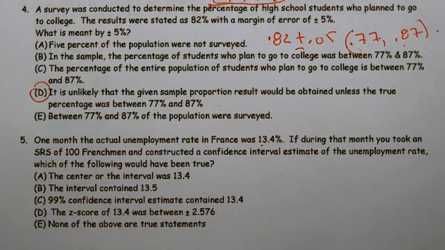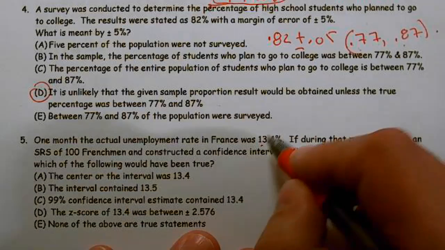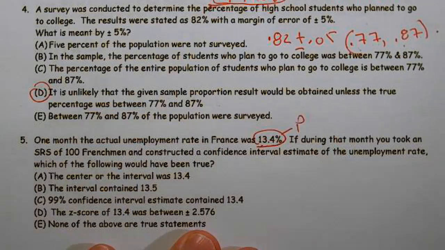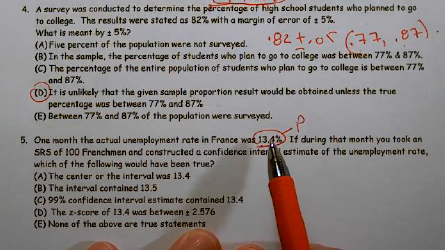Let's just say, for simplicity, we take a 95% confidence interval. Well, if we take a 95% confidence interval, there's a 5% chance that we don't capture the true population mean. I mean, the true population proportion. This was the true population proportion. 95% confidence interval means there's a 5% chance that that's not going to be in the interval.